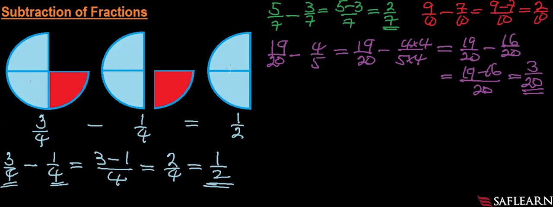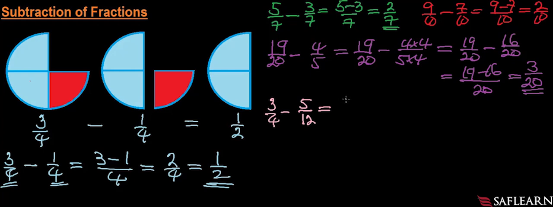That's it. Now let's take one more example, and we have 3/4 minus 5/12. Again, it's very easy to make the denominator of the first fraction to be 12 by multiplying 4 by 3.